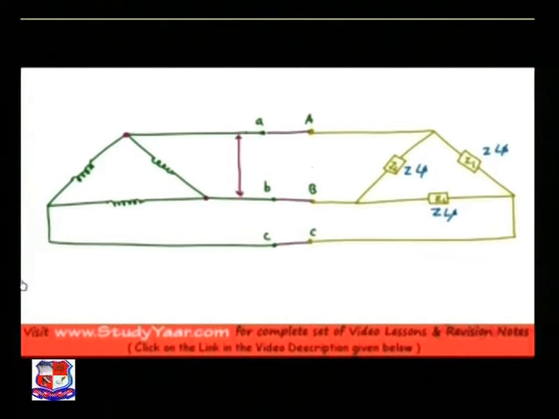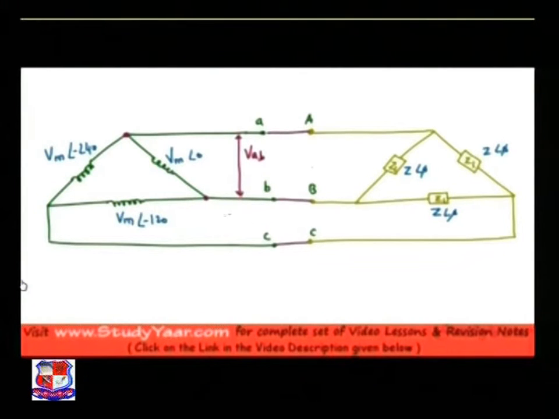Let's say my coil voltage is Vm angle 0. The voltage in this coil is Vm angle minus 120, and in this coil it is Vm angle minus 240. So my line voltage VAB is Vm angle 0.